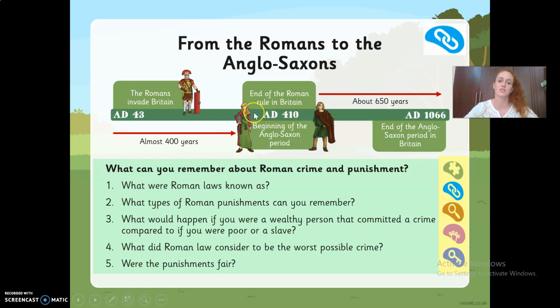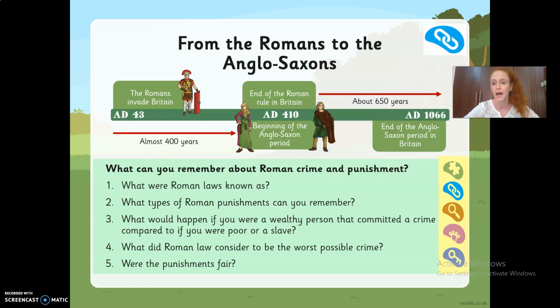Okay, that was the end of the Roman rule in Britain. They actually left, and we begin the Anglo-Saxon period. So the key thing to remember here is that the Romans stopped ruling Britain around the year 400, and Anglo-Saxons come in and start ruling there.